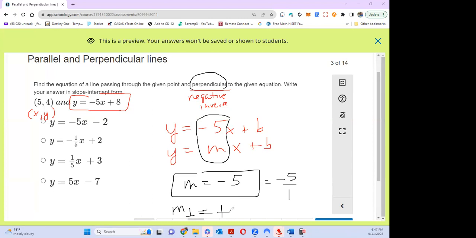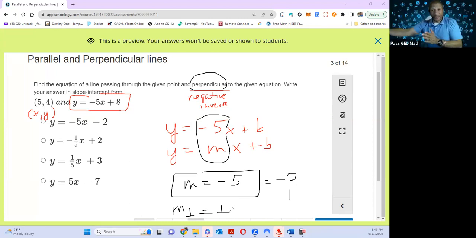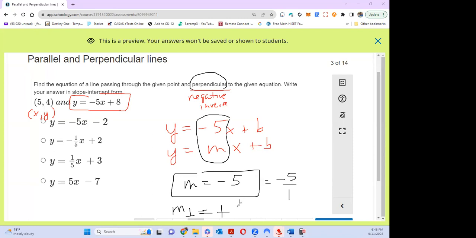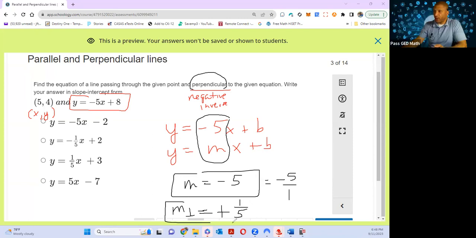Change the sign and flip. Because it's negative, it's going to become positive. Now we flip the 5/1. 5/1 becomes what? 1 over 5. So the slope of the perpendicular is 1/5.